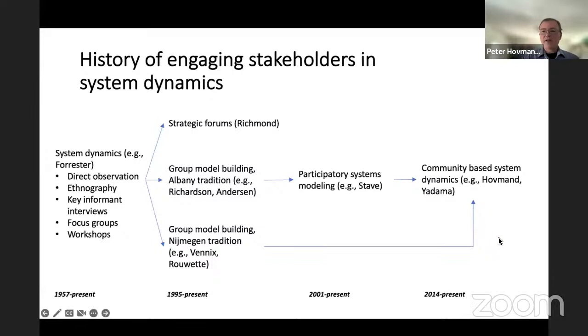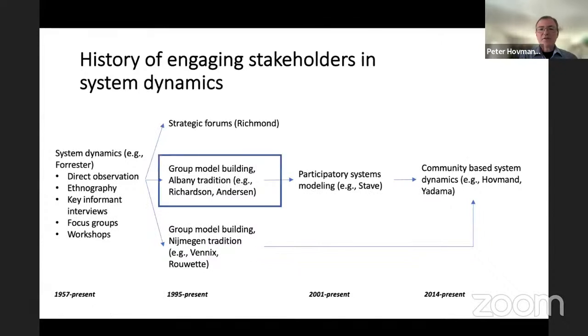And then the work that Gautam Yadama and I started developing, doing this in community contexts with organizations like FES, became an approach called community-based system dynamics that drew on both traditions.